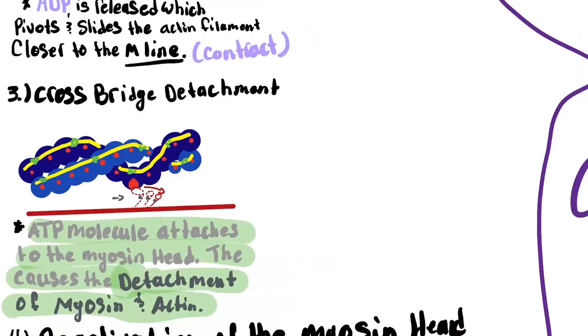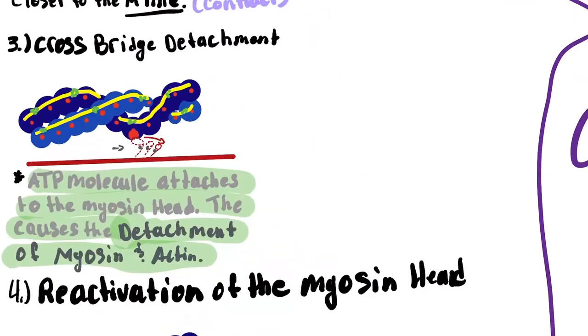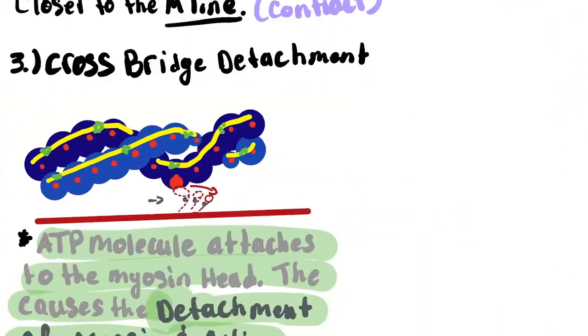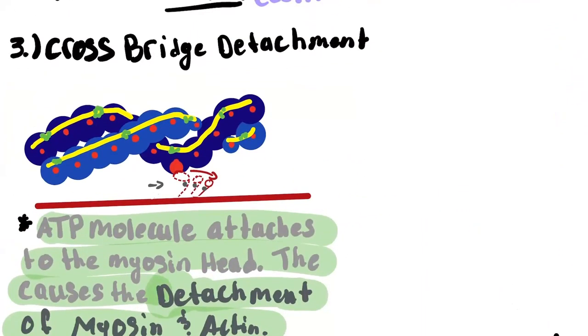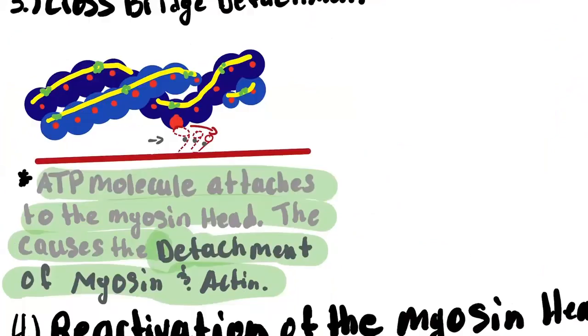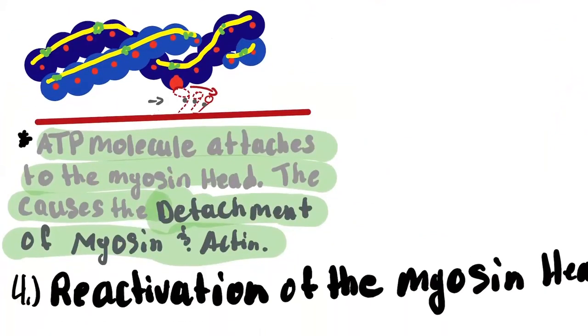And then we have the cross bridge detachment. So this is the process in which the myosin head detaches from the actin. And what causes the detachment of the actin is the ADP. I'm sorry, ATP.